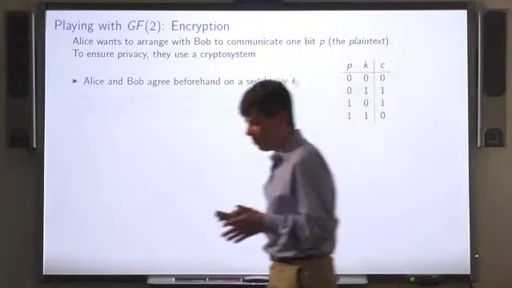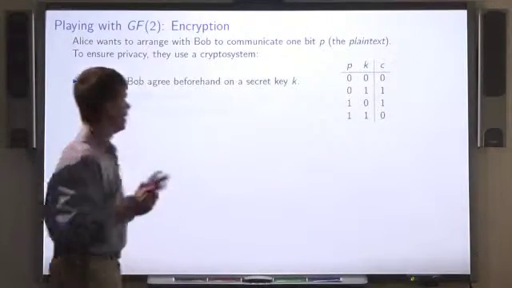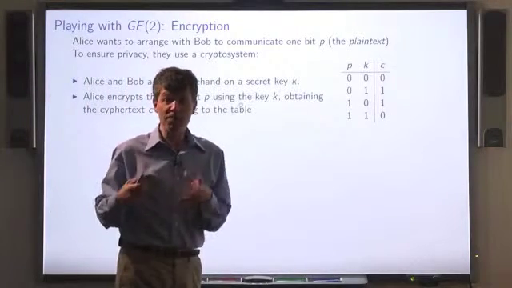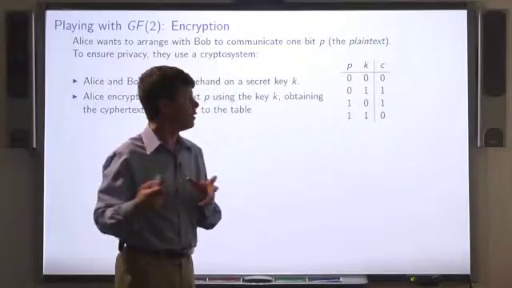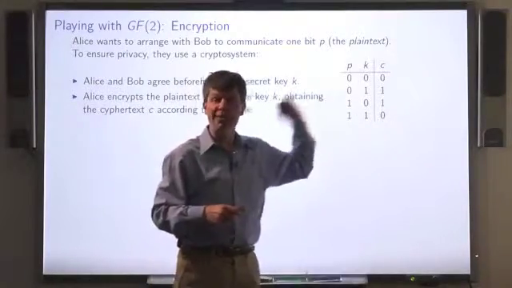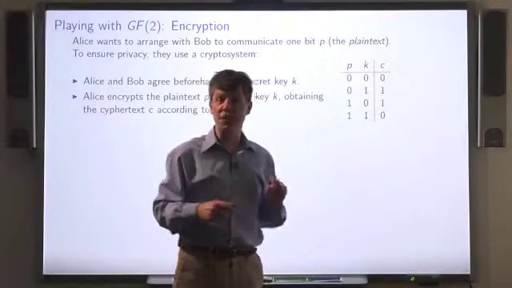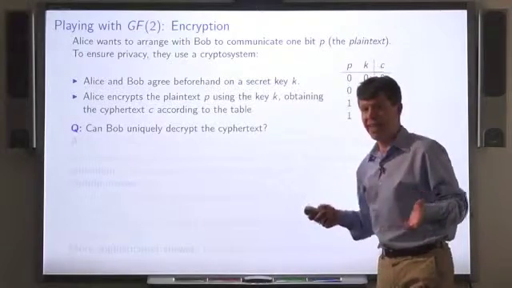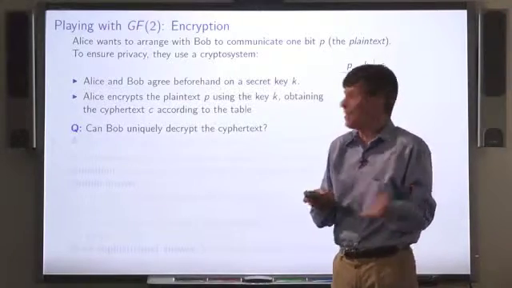Alice and Bob agree beforehand on a secret key, K. And Alice will encrypt her plain text P by using this table to figure out the ciphertext C that she should transmit to Bob. Now once Bob receives that ciphertext, can he figure out what the plain text is?